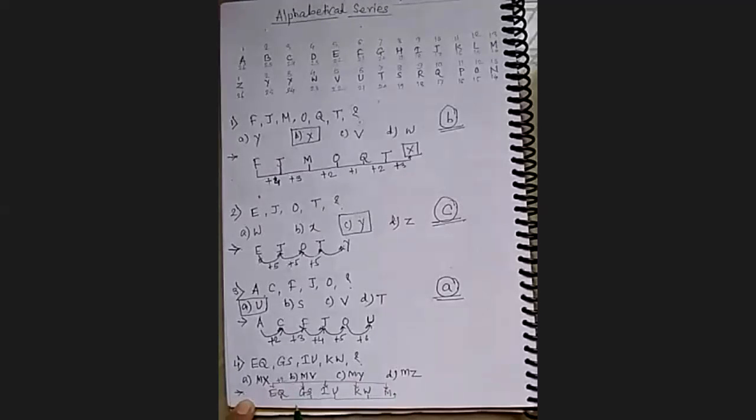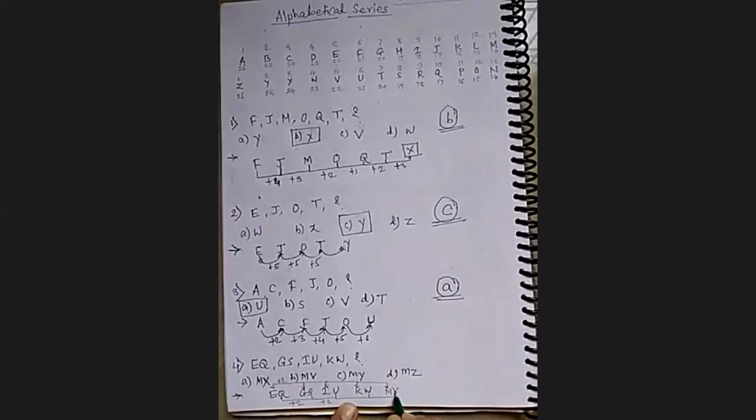So Q plus 2 will give you S, +2 will give you U, +2 will give you W, and therefore W +2 will be your Y. So here it is Y, and therefore your answer is MY, that is option C.